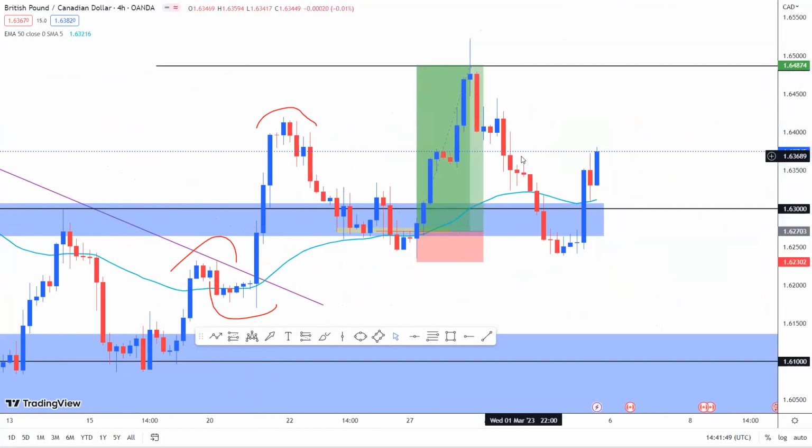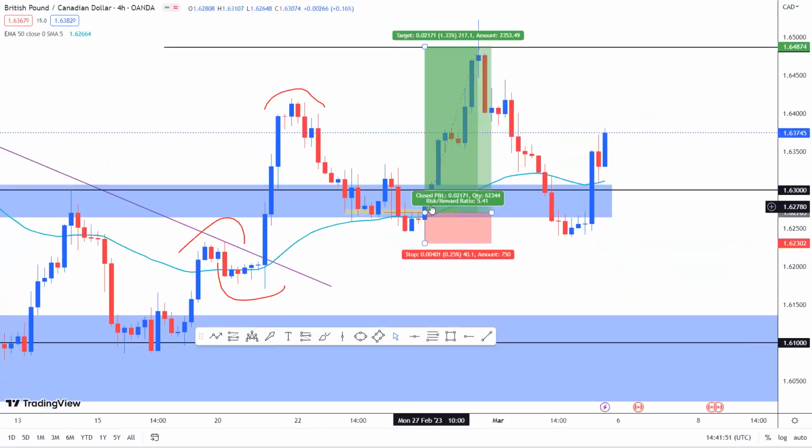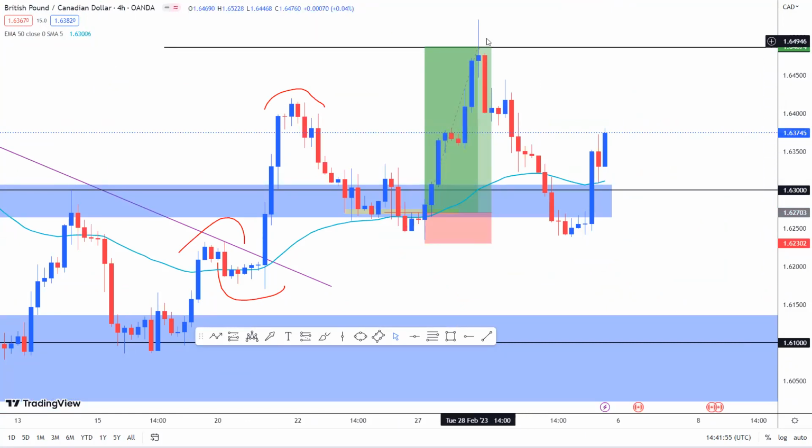And you can see how price rallied very quickly, eating our TP for a nice 200 pips on this, guys.